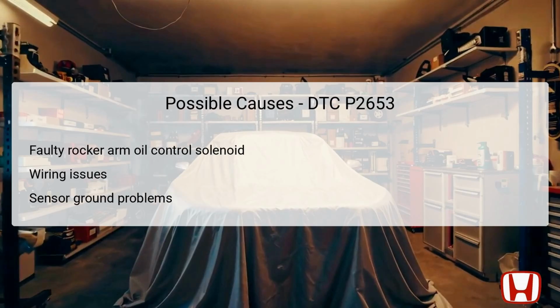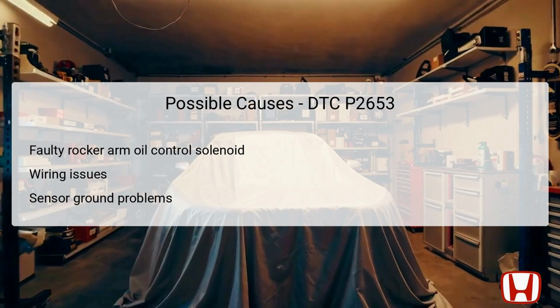Several underlying issues can trigger DTC P2653, beginning with a faulty rocker arm oil control solenoid B. If the solenoid itself is defective, it may not function correctly, leading to low voltage readings in the circuit. Next, wiring issues can also contribute to this problem, especially if there are damaged wires or poor connections in the harness leading to the solenoid.